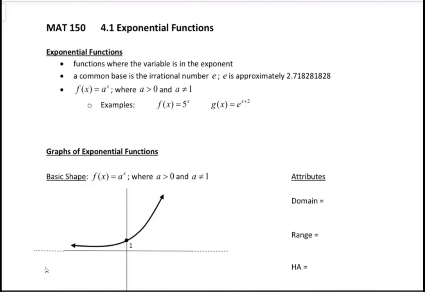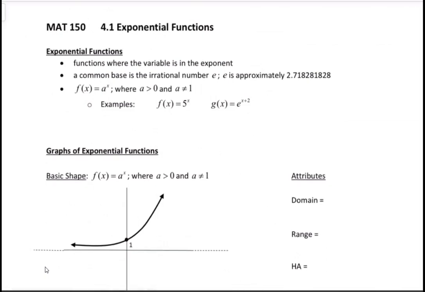Now, when looking at an exponential function, remember that whatever is being raised to the power, so when I look at this function here, f of x equal to 5 to the x, the 5 is the base, and the x is the exponent.